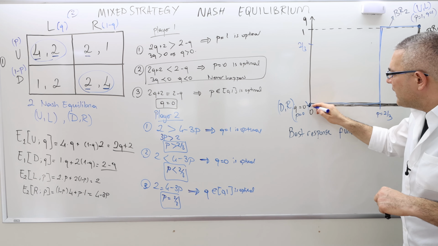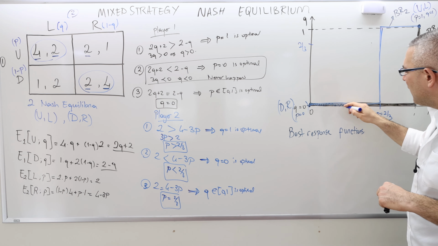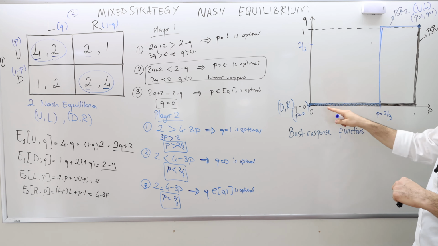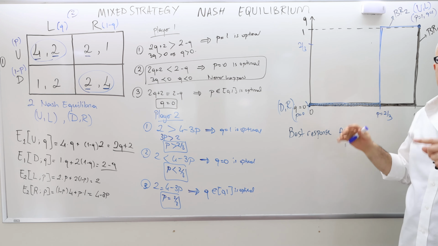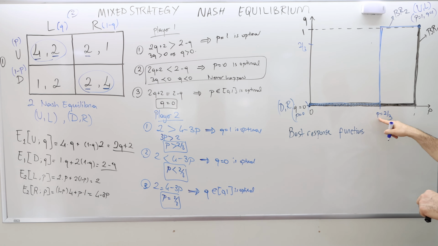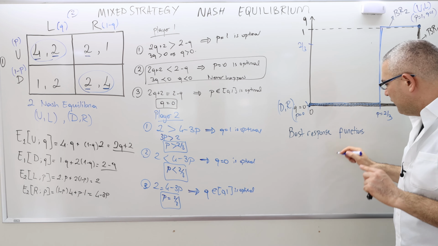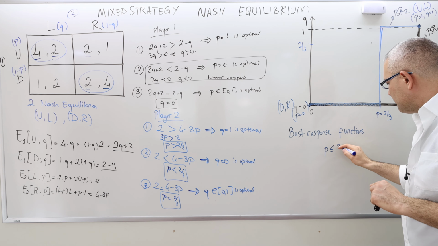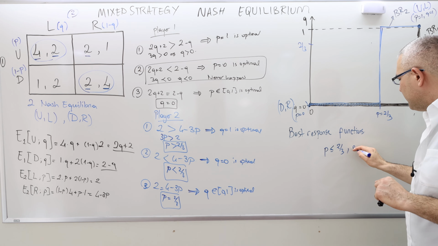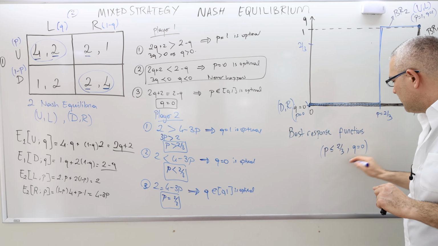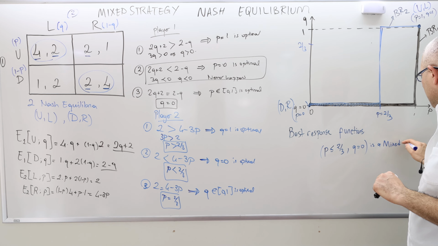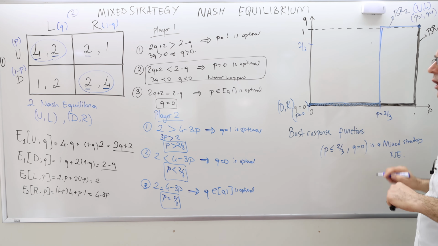However, as you see, all those points are intersecting for those two best responses. So there are infinitely many mixed strategy Nash equilibria, one of which is P equals 2/3. In fact, P less than or equal to 2/3 and Q equals 0 is a mixed strategy Nash equilibrium of this game.